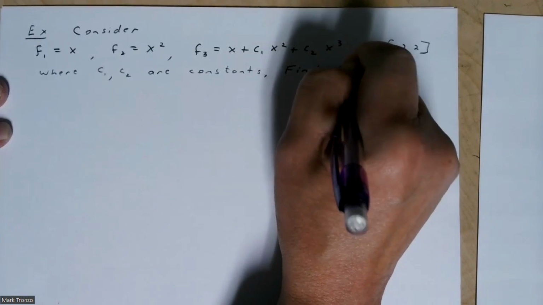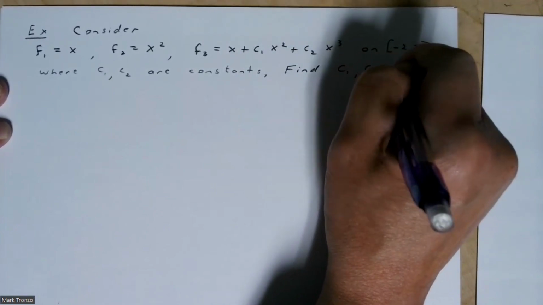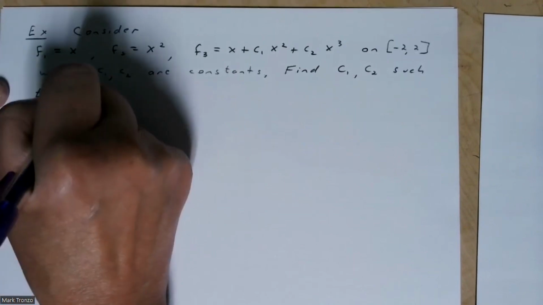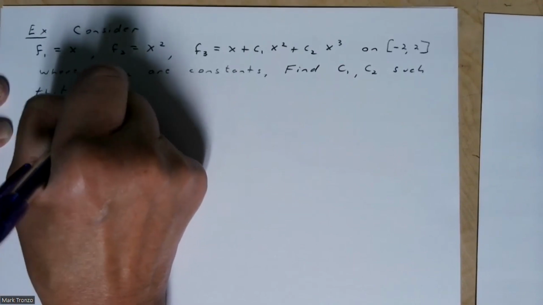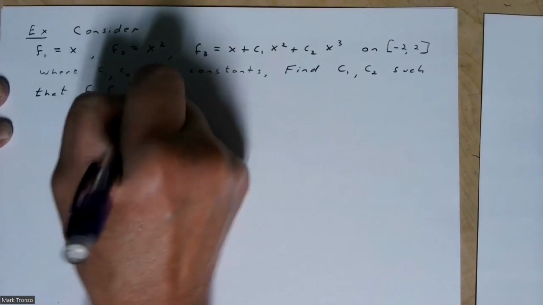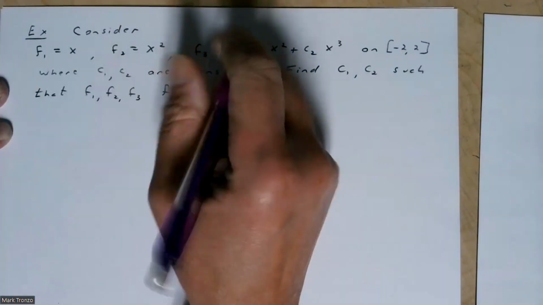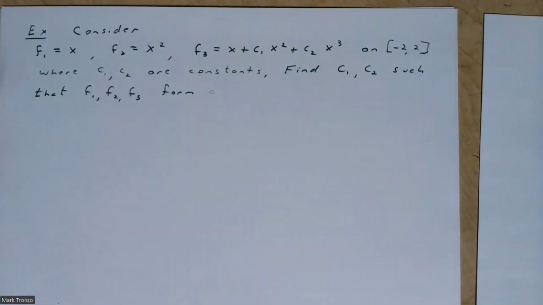Now find C1, C2 such that F1, F2, F3 form an orthogonal set.